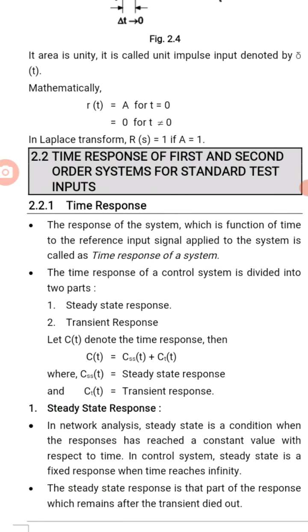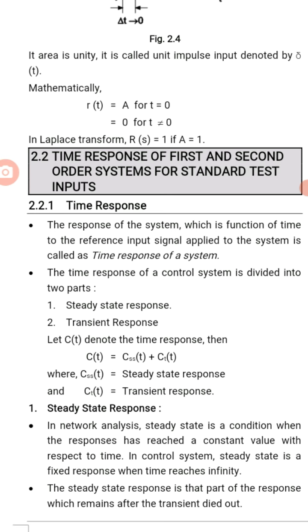Next we will learn the time response of first and second order systems for standard test inputs. As I have explained, standard test inputs are used to understand what type of system it is.